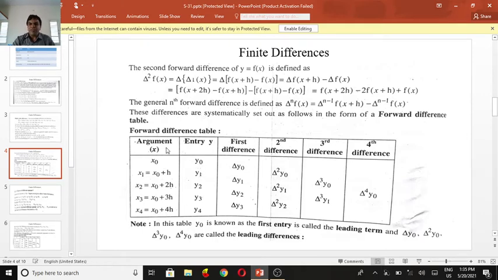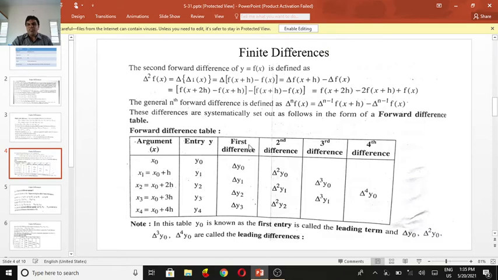Similarly, the entry depends on the argument: y0 is for x0, y1 for x0 plus h, y2 for x0 plus 2h, y3 for x0 plus 3h, like that.